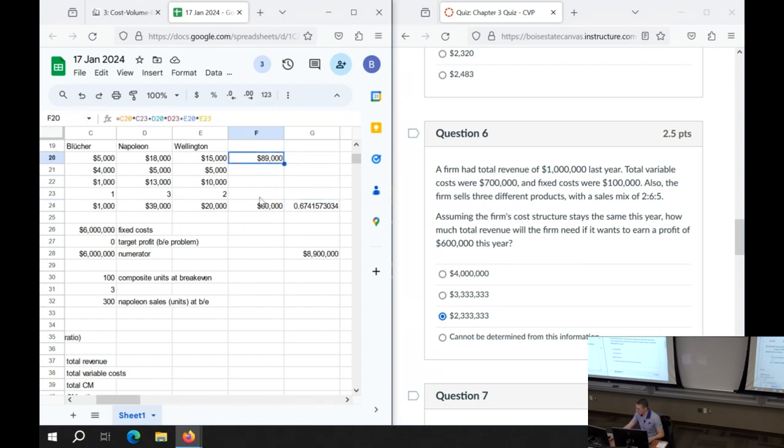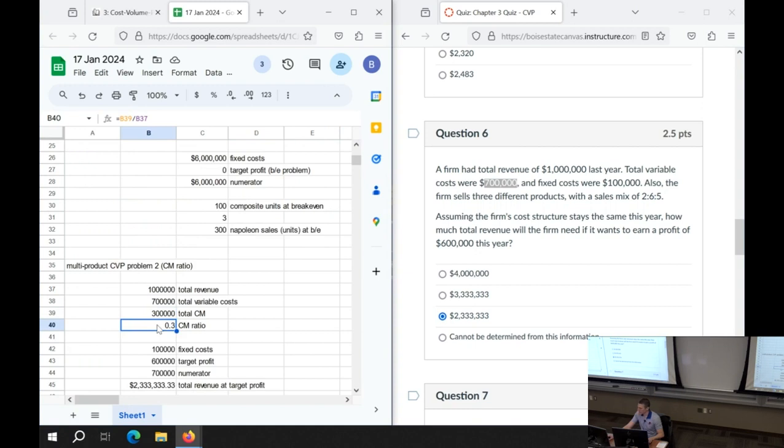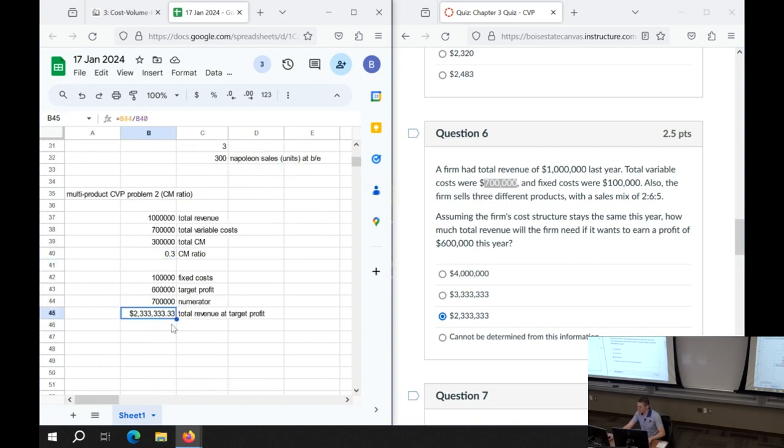I give you this number, I give you that number so you can get this number, so you can get that. And then you get the CM ratio. And it's built in the fact that these are built off of the 2 to 5 to 6 sales mix. Solved it. Great. I don't know. I came to like CM ratio later in life here.